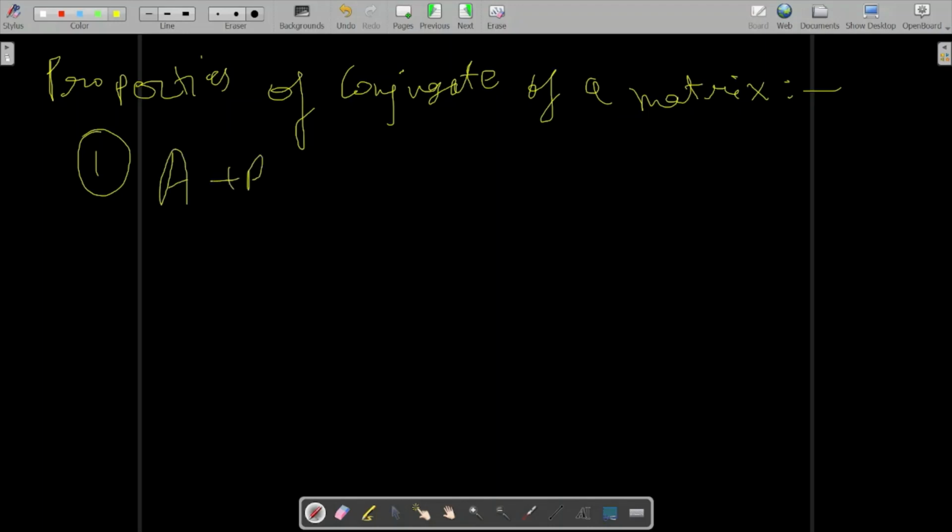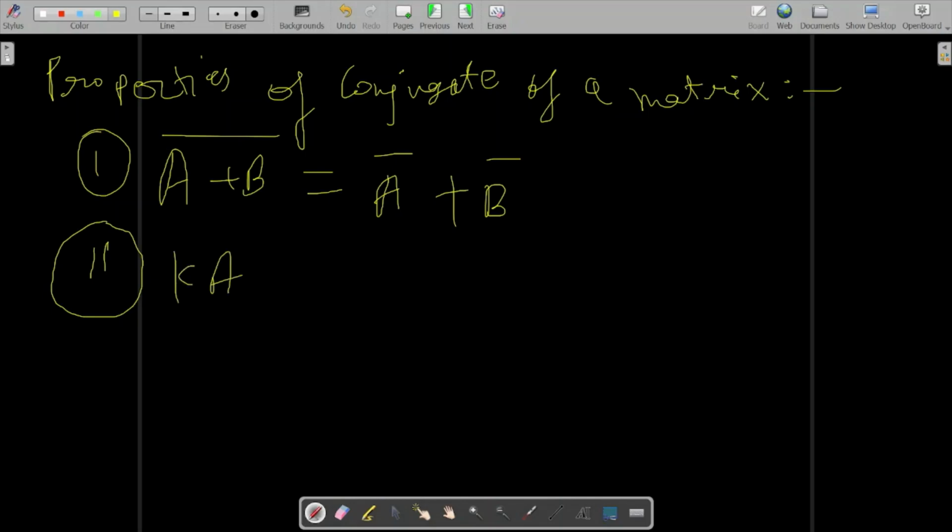Property number one: A plus B whole bar is equal to A bar plus B bar. If we look at these proofs, it will be very lengthy, and your syllabus will not be completed on time. So just ignore the proofs.